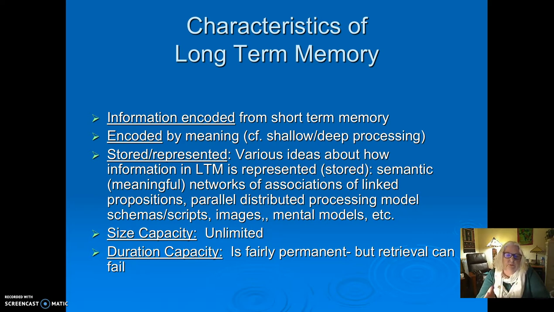Now, the third bullet point here says there are a variety of theories about how these encoded ideas are stored. Since you're not going to be doing research in cognitive psychology, you probably don't need to know all of these, but they do exist. People spend their whole life looking at these models.